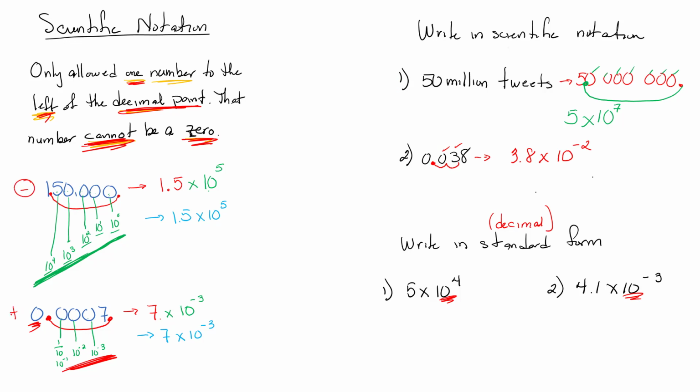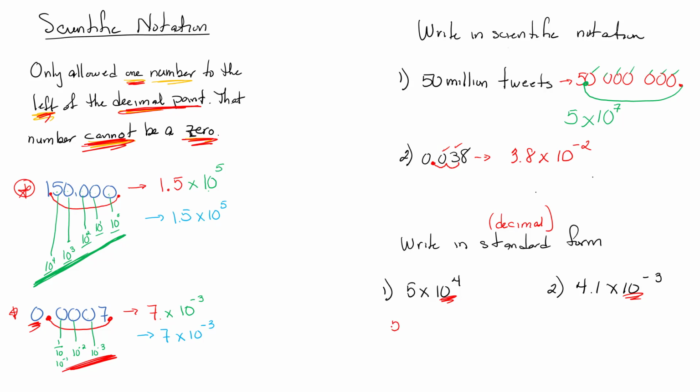So, I need to get rid of this 10 to the 4th power. Well, if I look at 150,000, as I move to the left, the powers increased and they were positive, which means I got to move to the right to undo it.